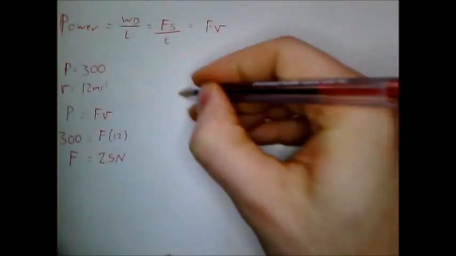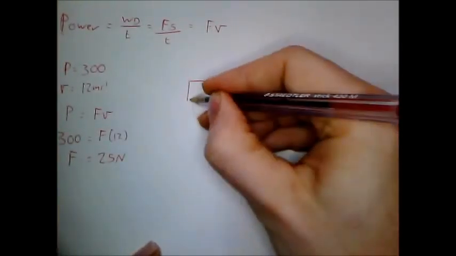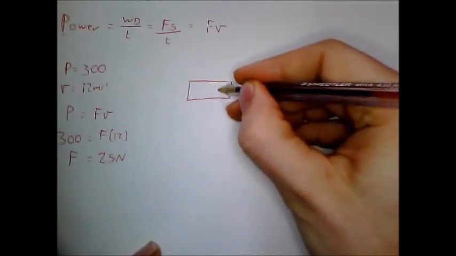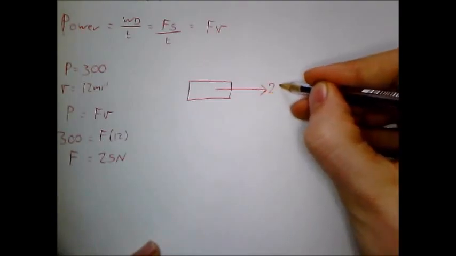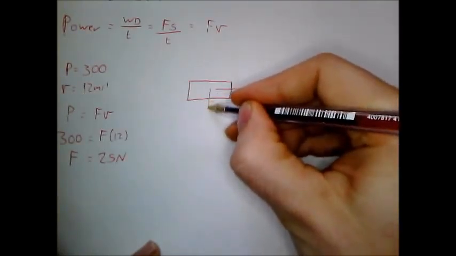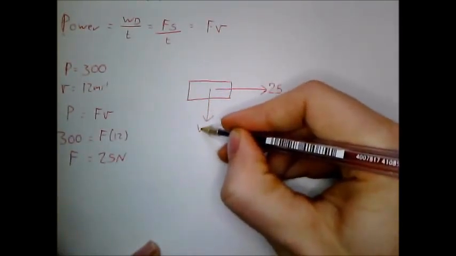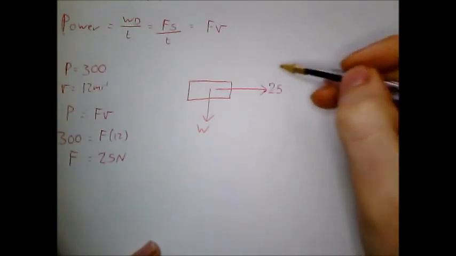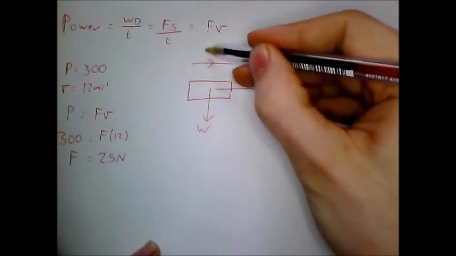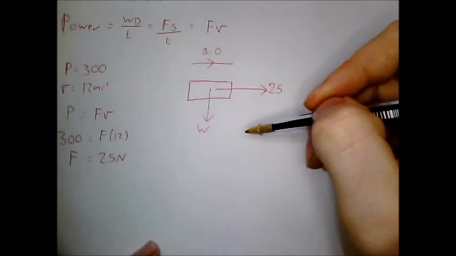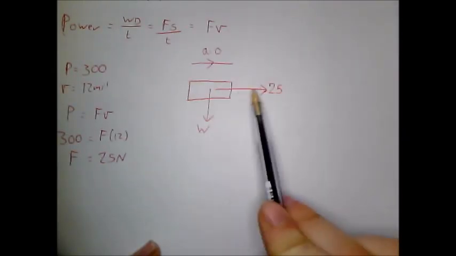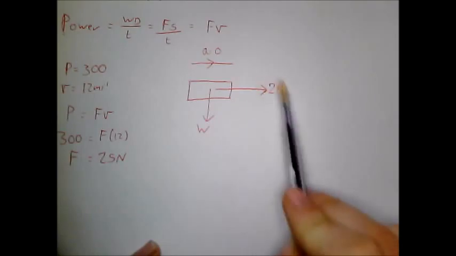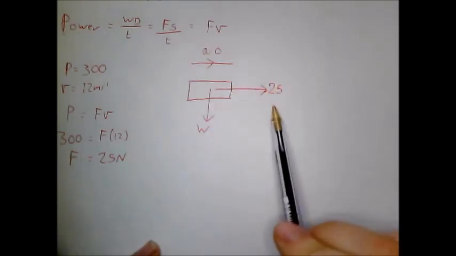Okay. Now, if we just quickly model the bicycle here, so that is how much force that he is generating. There's his weight. So we know that the acceleration here is 0. So therefore, at the moment, we have a resultant force of 25 newtons, so there should be an acceleration.